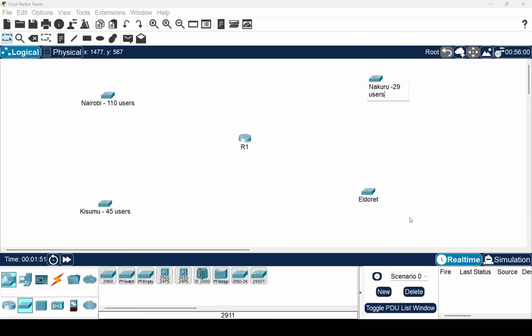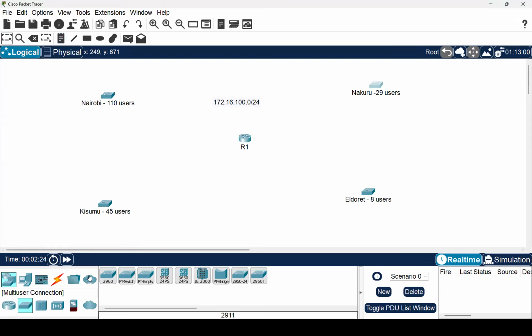And then maybe we say this is Eldoret, the newest kid on the block, maybe has just 8 users or something like that. So if you look at this, the address that we have is, let's say 172.160.100.0/24. So we need to divide this address to make sure that it takes care of all these branches here.